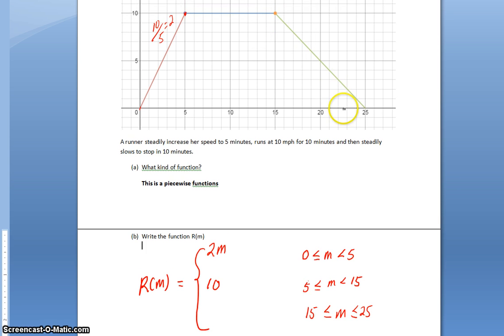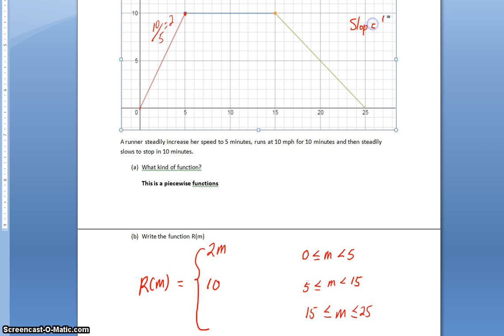All right, third. Now the green piece. You also need the slope and the y-intercept. Let's do the slope first. The rise is 10 and the run is 10, so the slope is 1, in magnitude.